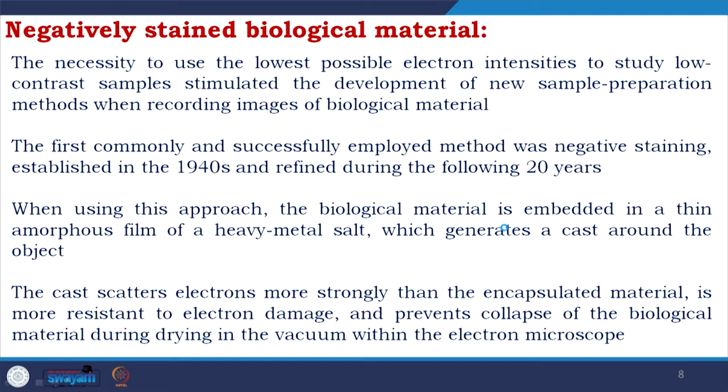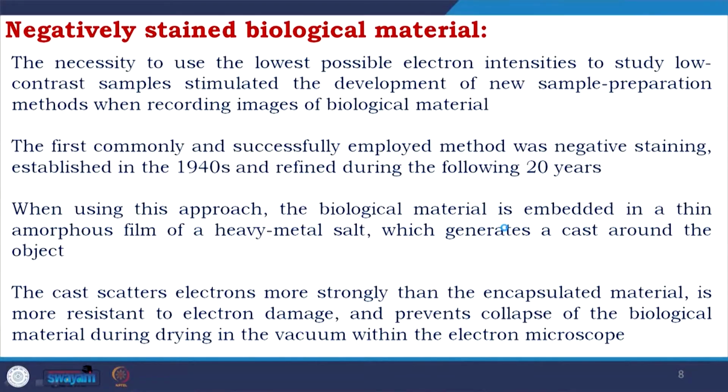So, the cast scatters electrons more strongly than the encapsulated material. You have the encapsulated material and the cast. The cast is more resistant to electron damage, so the beam is not directly hitting the biological sample, and it also prevents the collapse of the biological material during drying in the vacuum within the electron microscope.